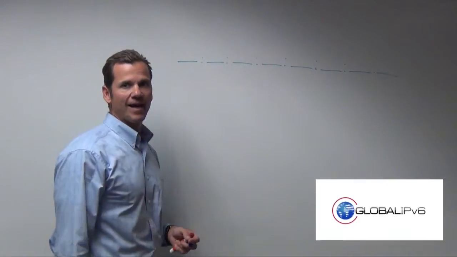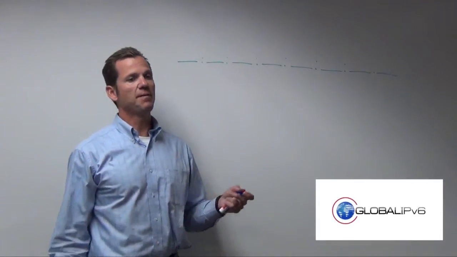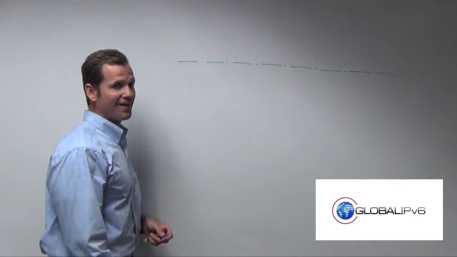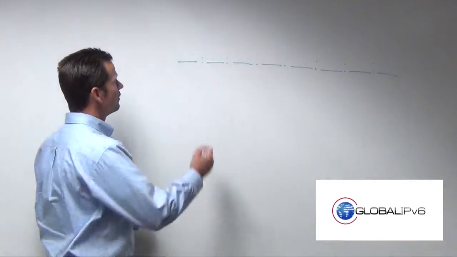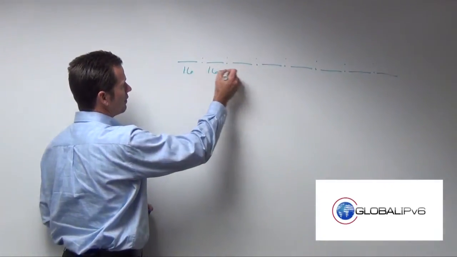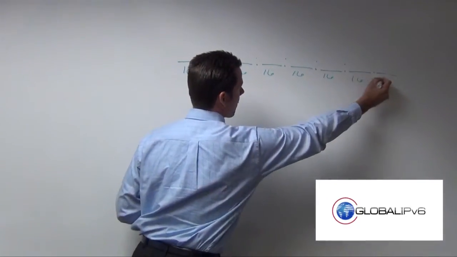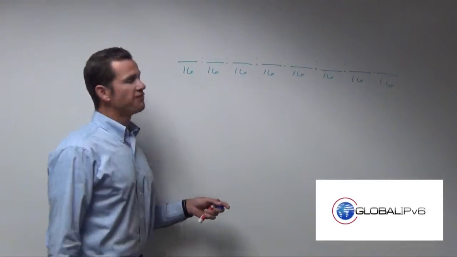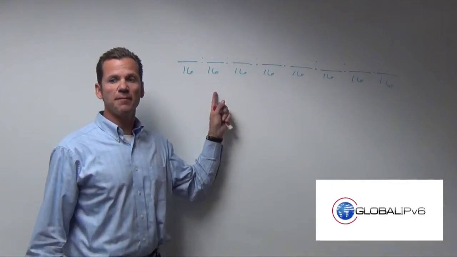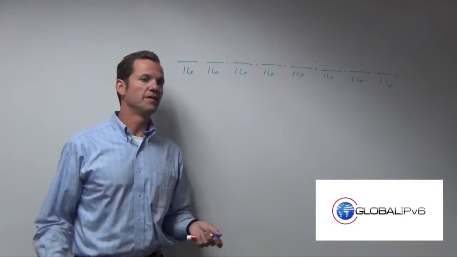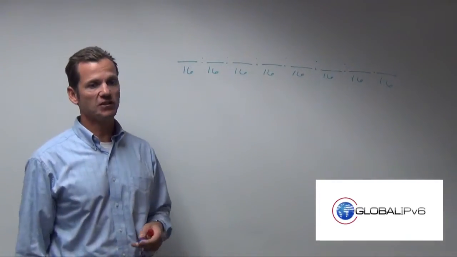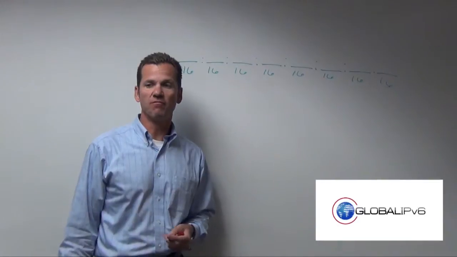Instead of being 32 bits in size, it's 128 bits. Each field is 16 bits separated by colons instead of dotted decimal notation like we had with IPv4.